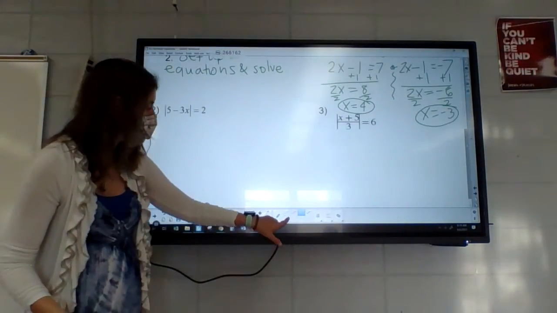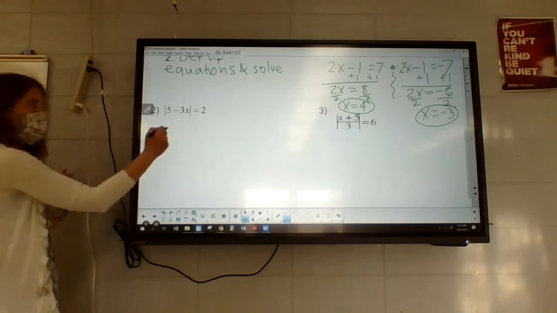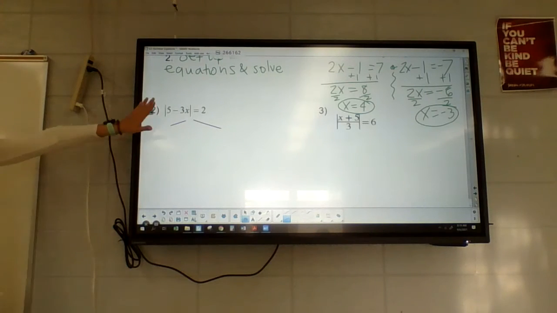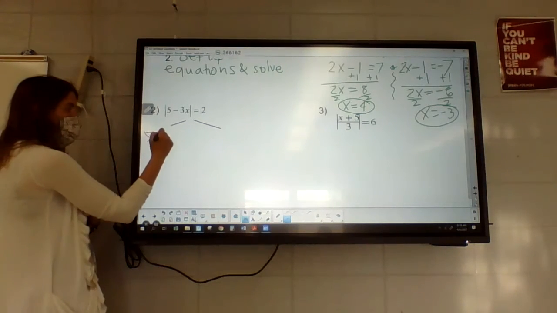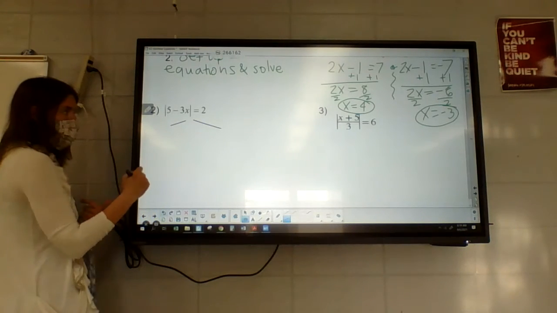So this next one, again, we're going to set up our two equations, because you can cover up what's inside the absolute value. It could either equal 2 or negative 2. We don't change anything about what's inside the absolute value there.